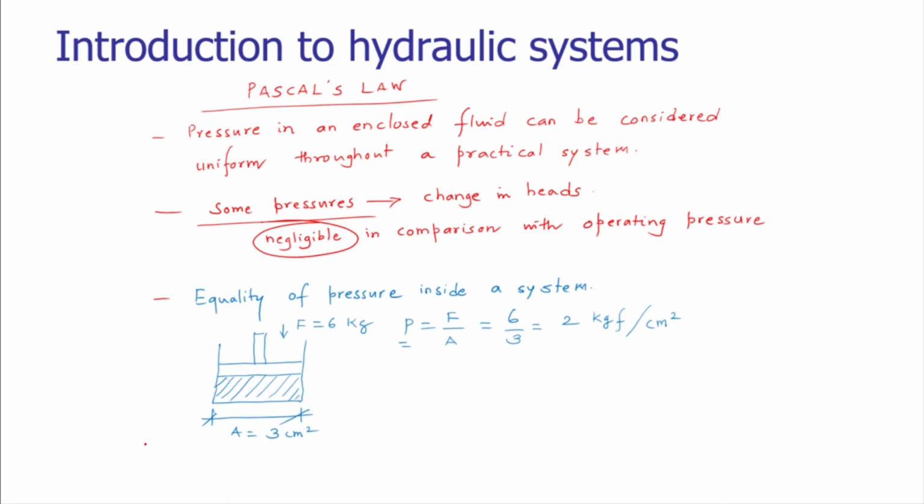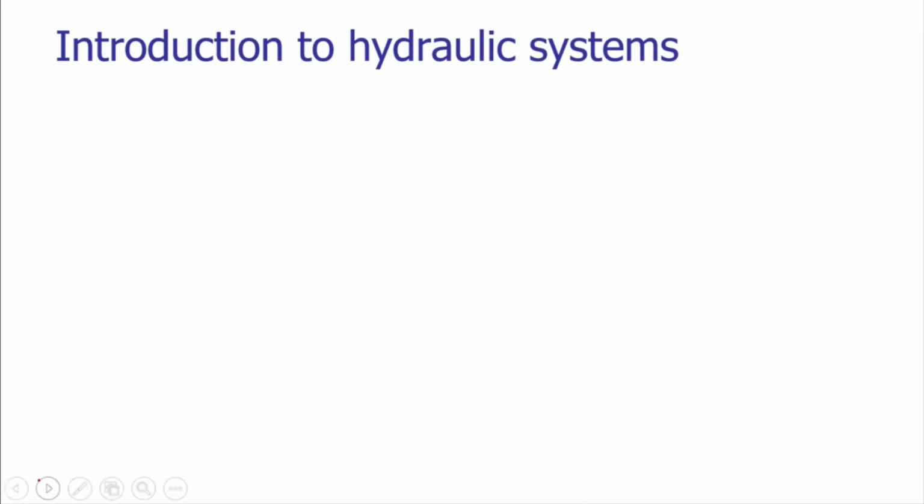If I extend this system, if I modify the geometry of the system in this way, so let us consider we are having a change in the geometry. I'm just adding one more container to the previous container, whose area is larger than the previous container.